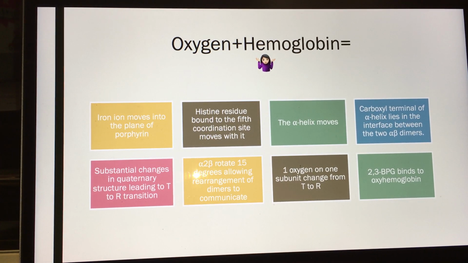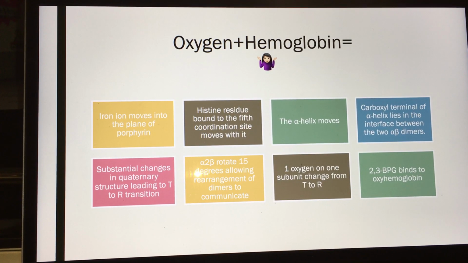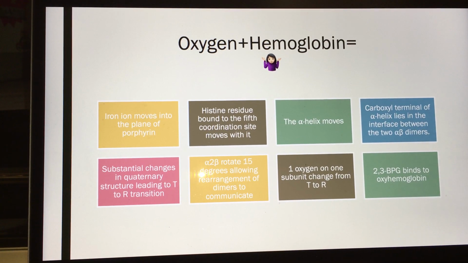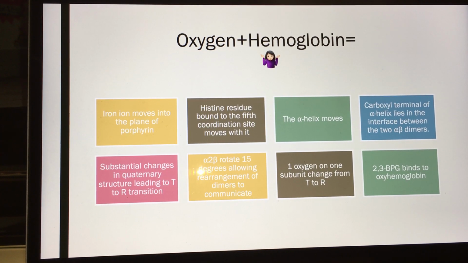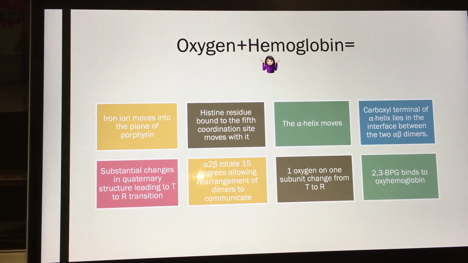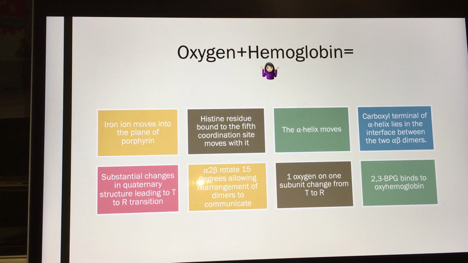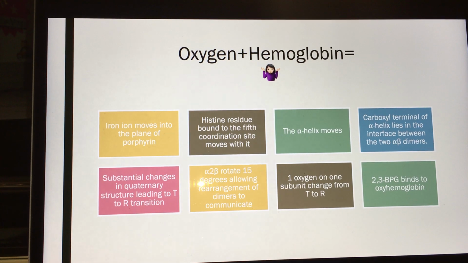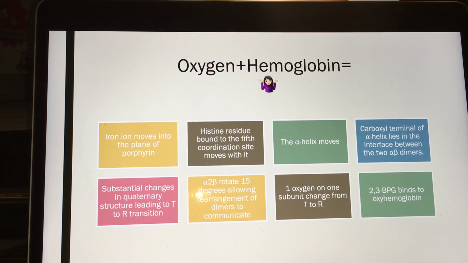Therefore, one oxygen on one subunit changes it from T to R. And then the 2,3 BPG binds to oxyhemoglobin. So 2,3 BPG is not the only allosteric regulator.